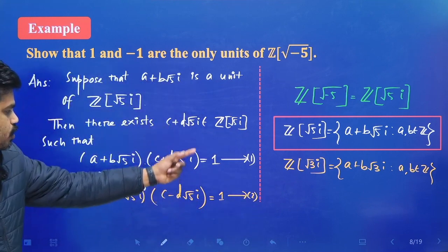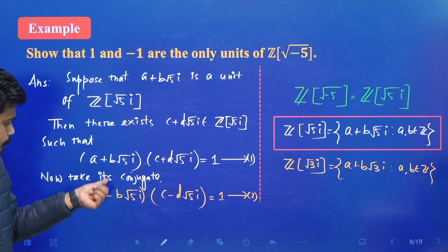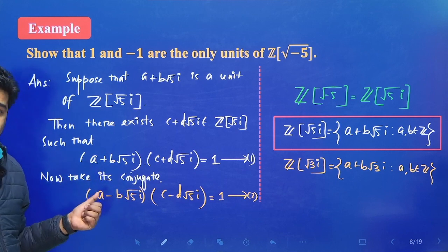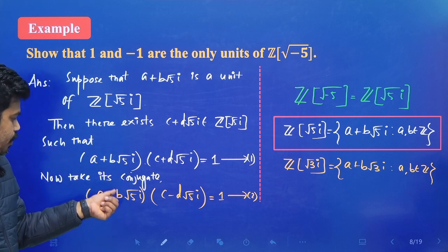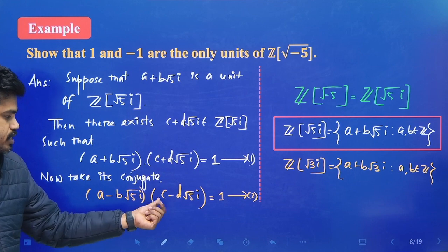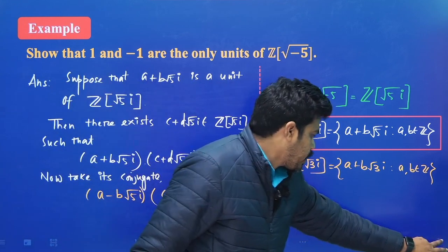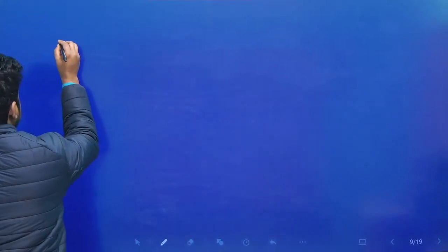So multiplying 1 and 2, what do we get? a square plus 5b square, since a plus b into a minus b is a square minus b square, and i square is minus 1.